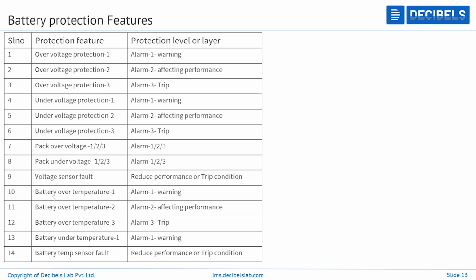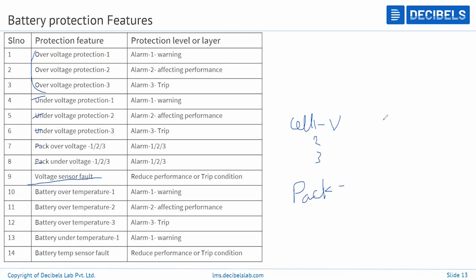Then I will talk about the voltage sensor fault, because this remains the same for all the others. When you talk about the BMS, you measure the cell level voltages, cell 1, cell 2, cell 3, and the pack voltage.